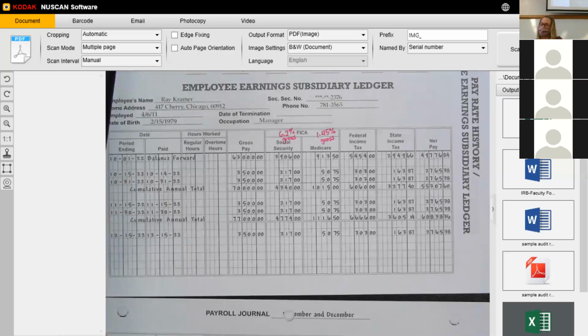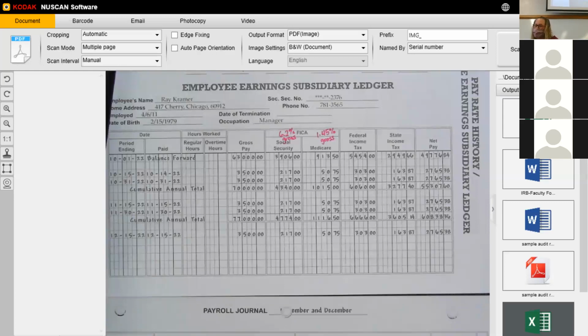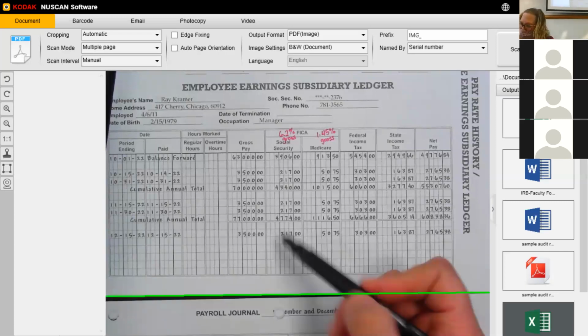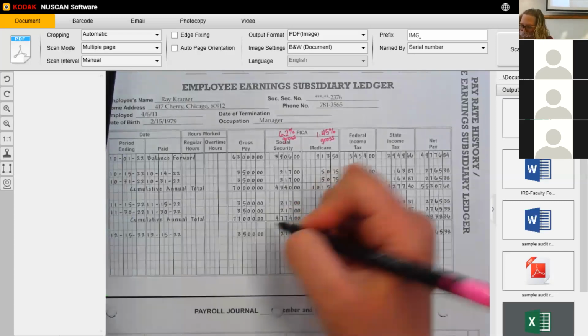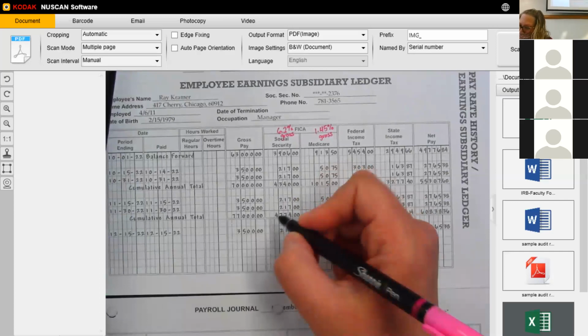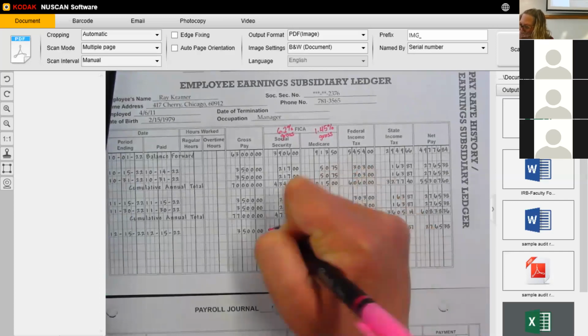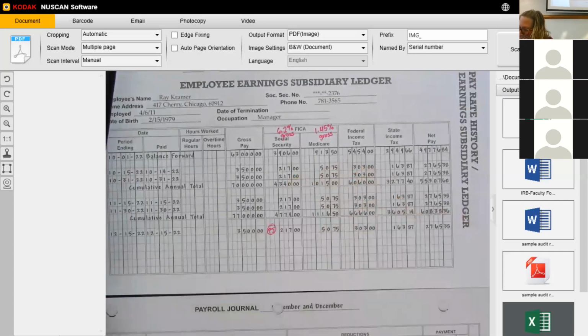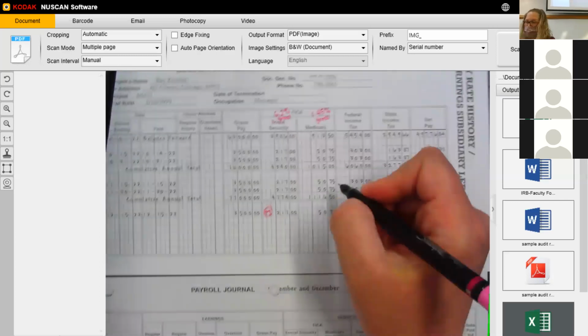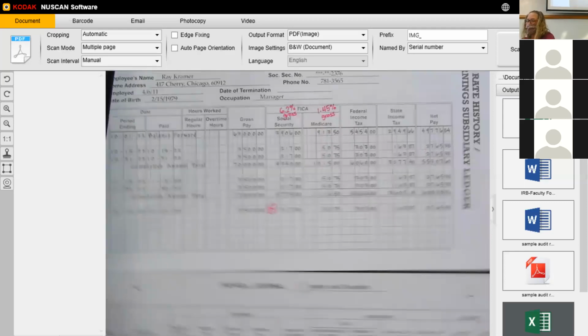Yeah, exactly. So here we see the amounts tie between his subsidiary ledger and the payroll journal. So there's our 217. Our 217. I'll just use the same, since I'm just showing you ticking and tying right now. So we can see where each of these numbers are coming from.